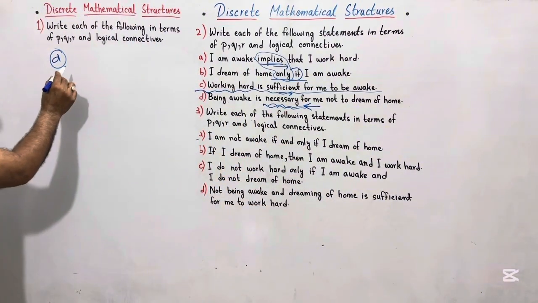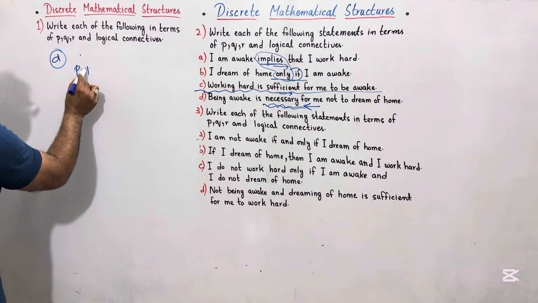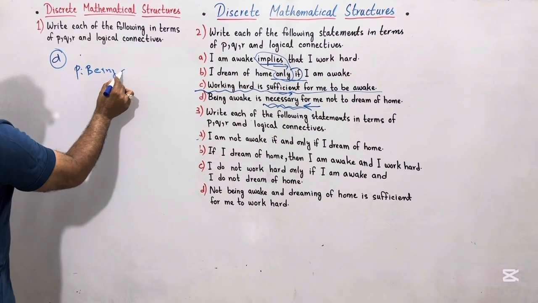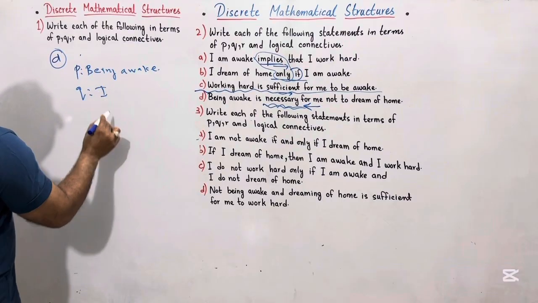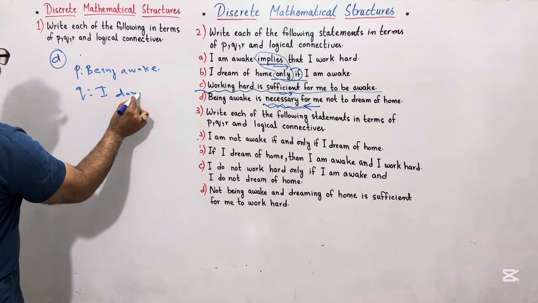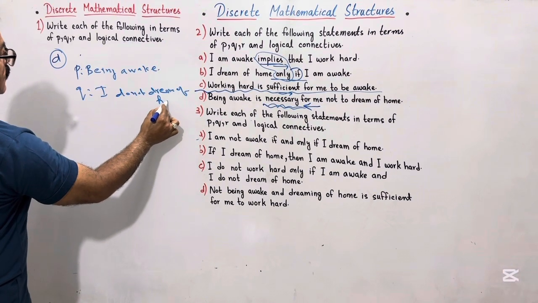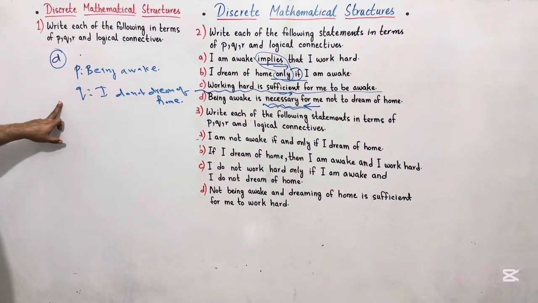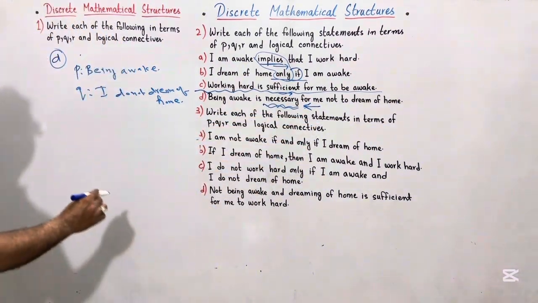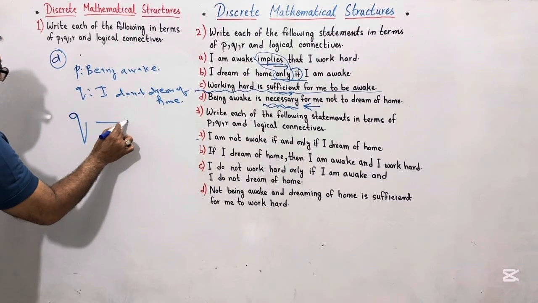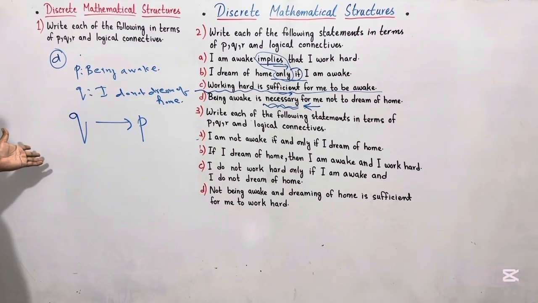Here, let me write P: being awake, and Q: I do not dream of home. Look at this: in the case of necessary, it is our reverse arrow. It is a reverse arrow, which means Q implies P.